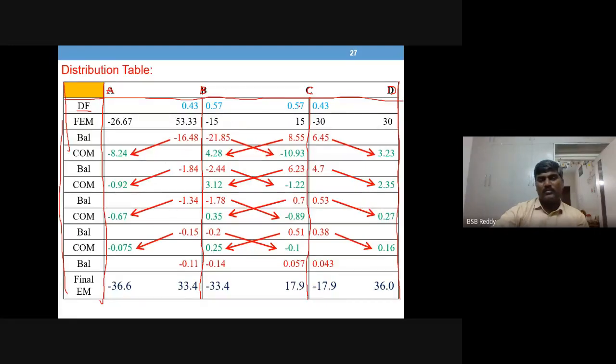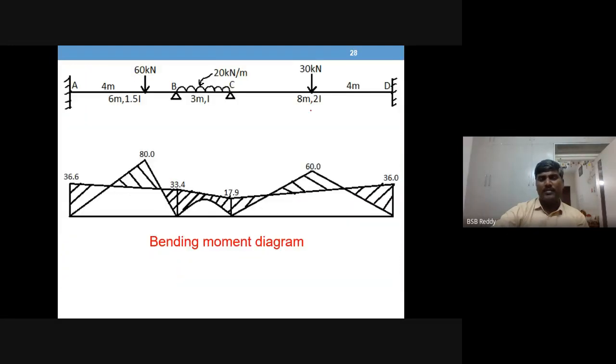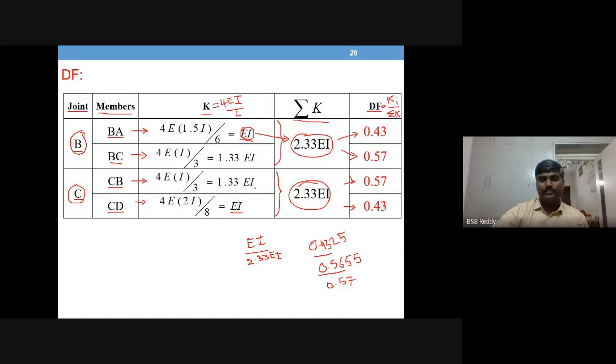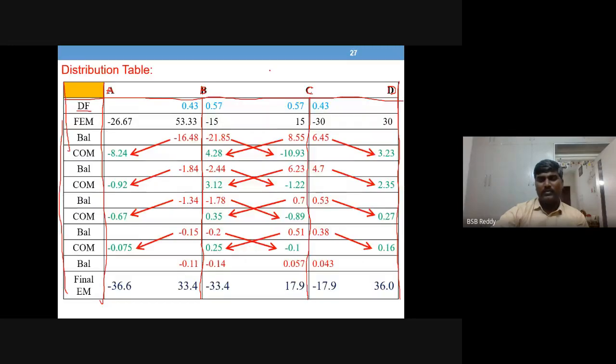Similarly, joint C, CB value is 0.57 and again 0.43. So you can write all four values in order. You don't have any distribution factor at A and D. Remember.